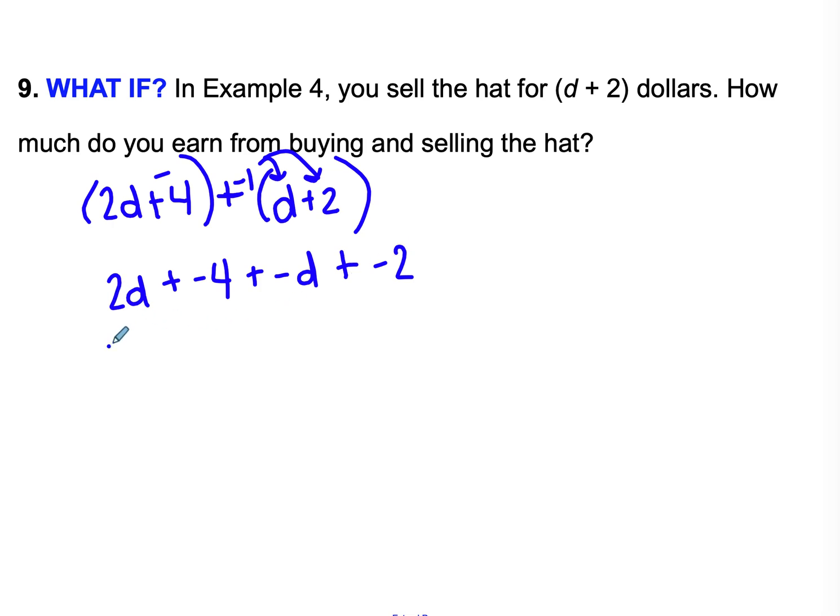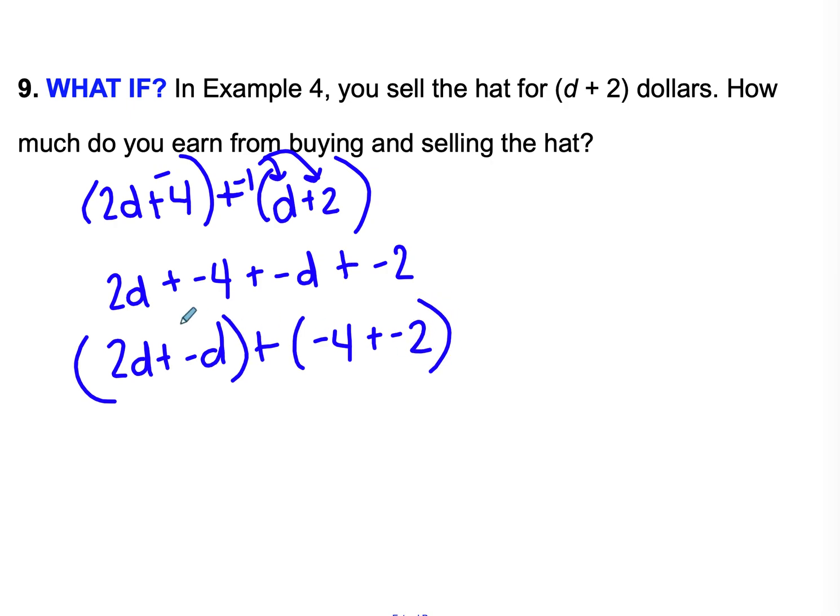Now I'm going to find and combine my like terms. 2D plus negative D, plus negative 4, plus negative 2. 2D minus D is just 1D. And negative 4 plus negative 2 is negative 6. Need a label. It's going to be dollars.